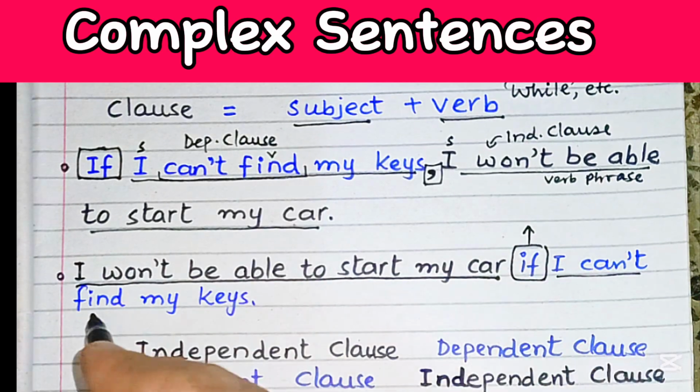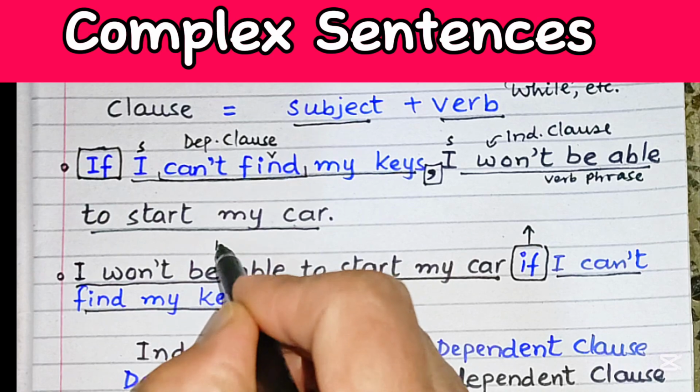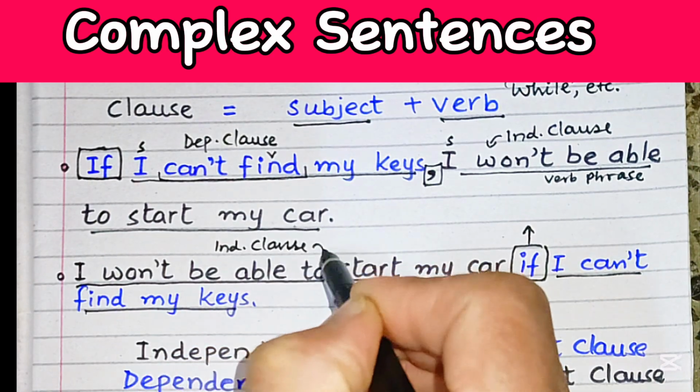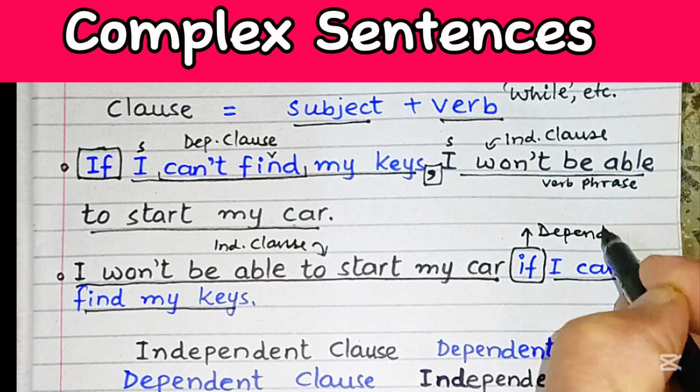This is followed by the dependent clause. Now the independent clause comes first, and it is followed by the dependent clause.